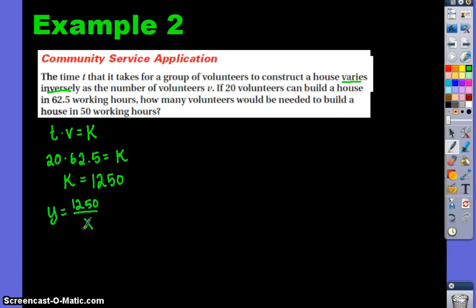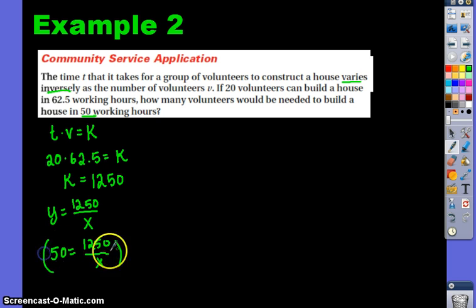So now we can solve this. How many volunteers are we going to need if we have 50 working hours? In other words, 50 is equal to 1,250 over x.